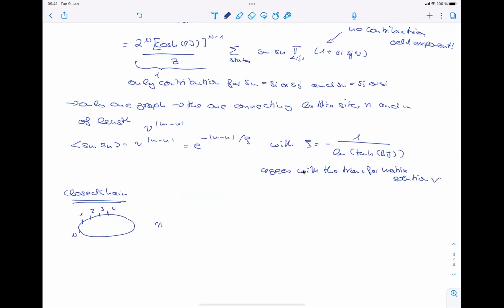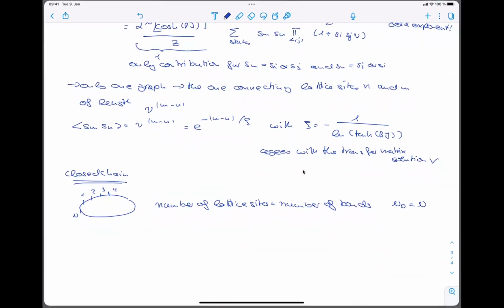And so here now the number of lattice sites is equal to the number of bonds. So N_b equals N, because I'm looping back. So I'm adding the one link between N and 1.